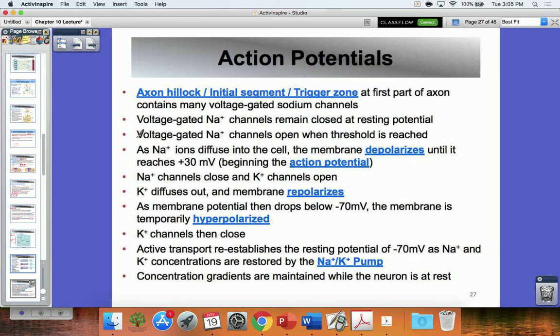In order for us to reach the threshold of negative 55, those sodium channels have to open. Remember, this threshold is negative 55. No, I'm sorry, we start with our resting membrane potential at negative 70. And then we work our way to negative 55.